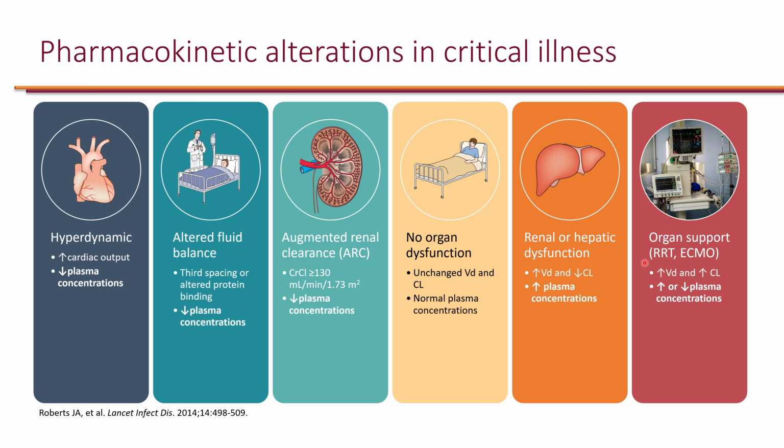It also depends on the settings of the dialysis and how well it's clearing the drug, so you may have increased or decreased plasma concentration. And then things like ECMO can increase volume of distribution, and sometimes the drugs can get attached to the equipment, so it can lead to reduced plasma concentration.